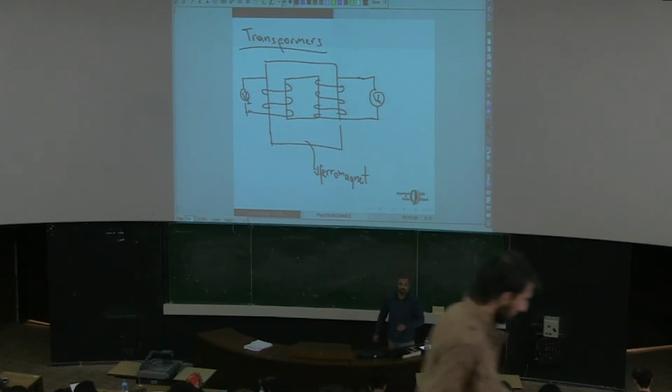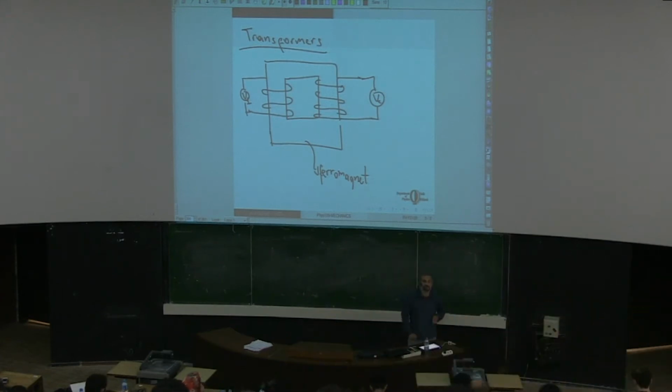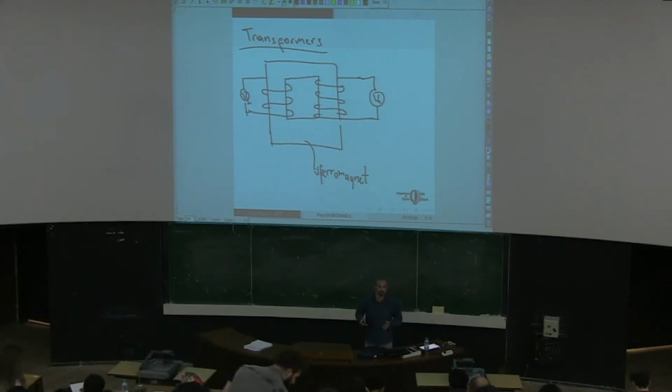Now, the reason why we use ferromagnets is, if you remember when we were discussing ferromagnets, we said that they enhance the magnetic field significantly. Without a ferromagnet in a solenoid, you will get some magnetic field. But if you put a ferromagnet inside the solenoid, then you will be enhancing your magnetic field by several orders of magnitude.